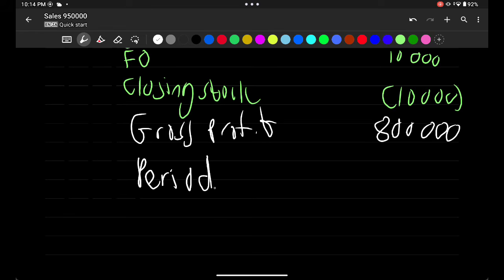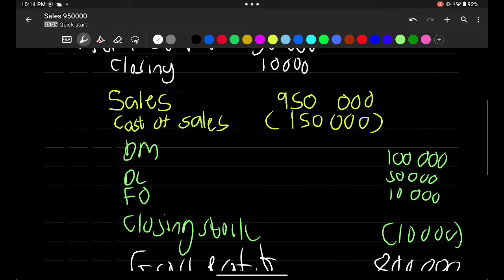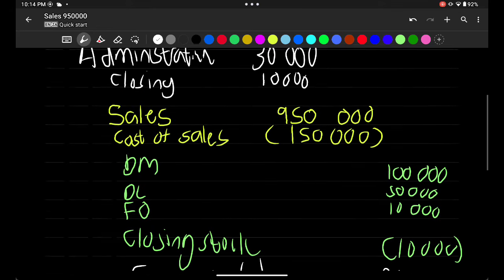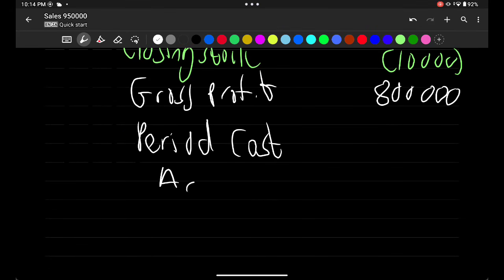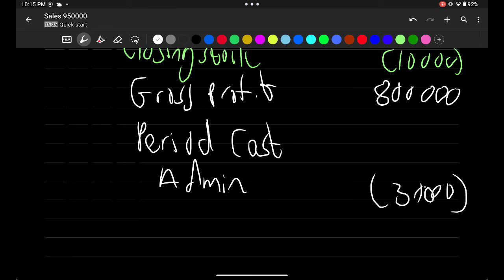Period cost is an expense. You expense it. Selling and distribution, then you get administration. Those two departments, if they have them over here, you put them under period cost. But here they only give administration, so admin 30,000, and there we go.